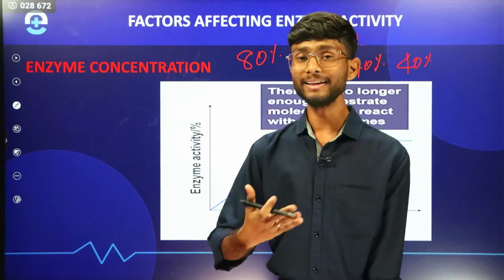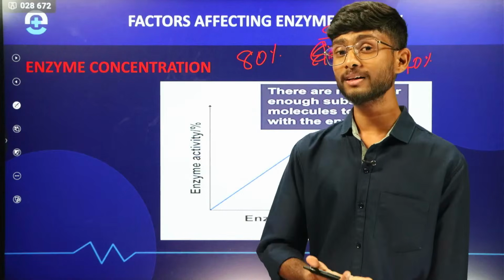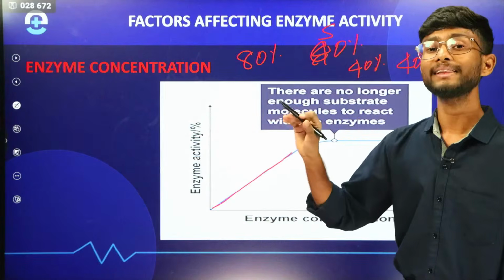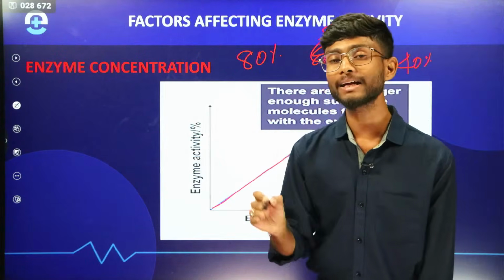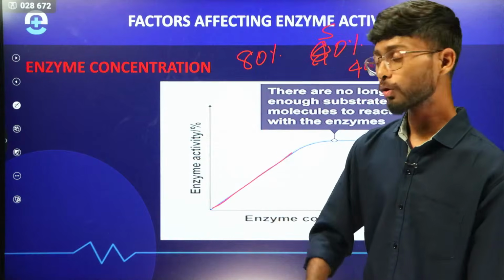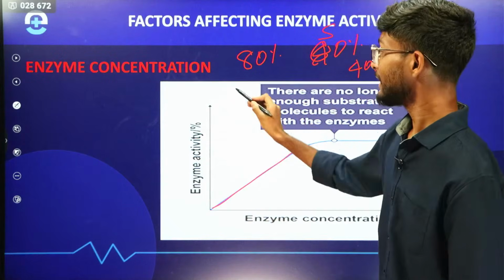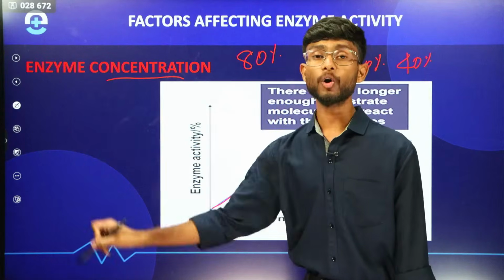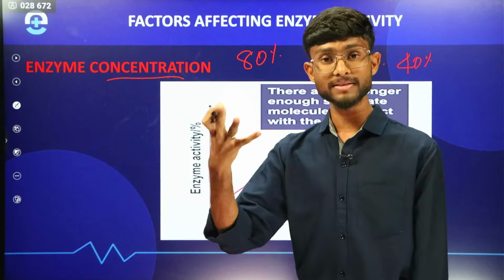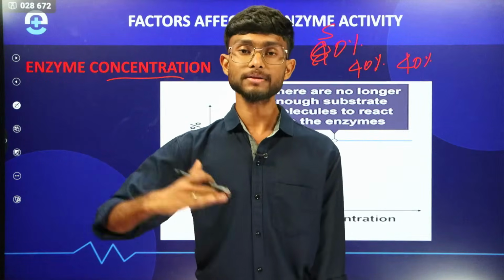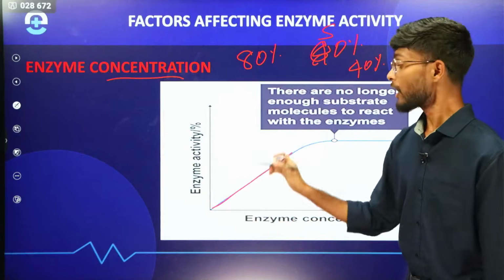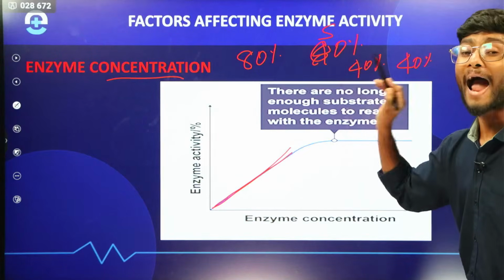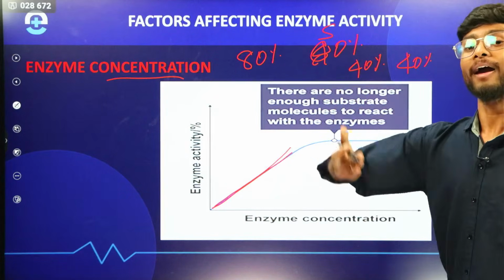When the enzyme concentration increases, the activity of the enzyme will also increase. Here the enzyme activity is dependent upon the enzyme concentration. If you provide more enzyme, the activity is also more. So this states that when the enzyme concentration increases, the activity of the enzyme also increases.